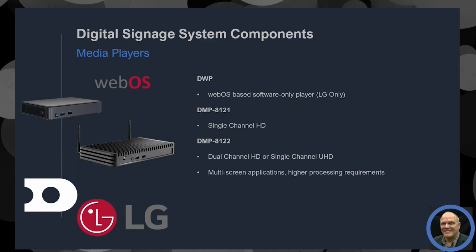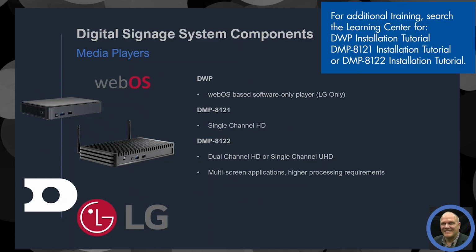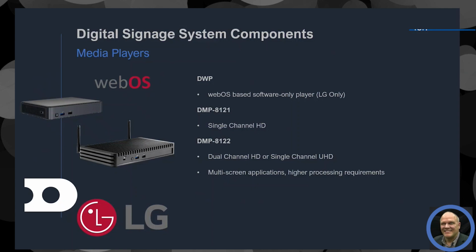We have a 2-channel 8122. This is a slightly larger device that can support dual channel HD or single channel ultra high def, so 4K, or 2 channels of HD content, and interfaces with Venus as well, and has all the same performance dimensions that we look for with the additional playout of 4K signals or 2 channels of HD.